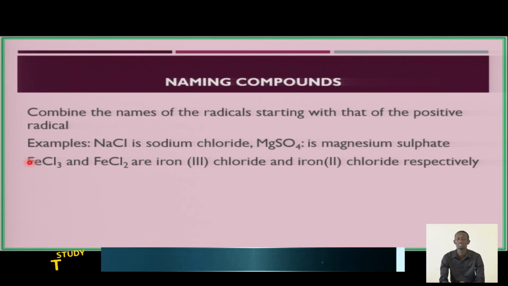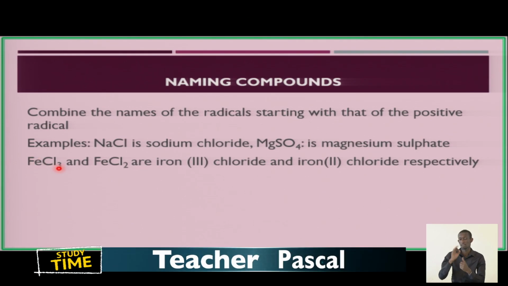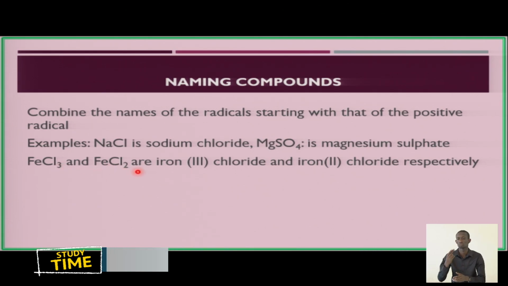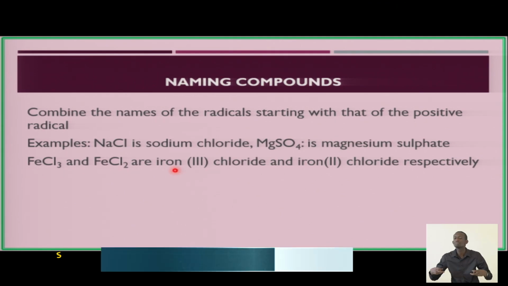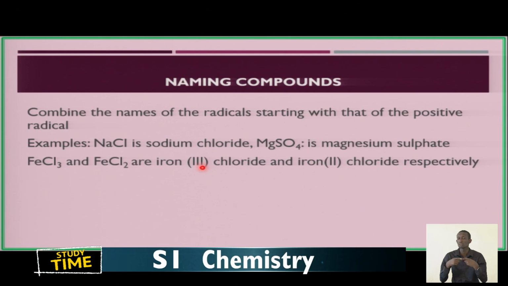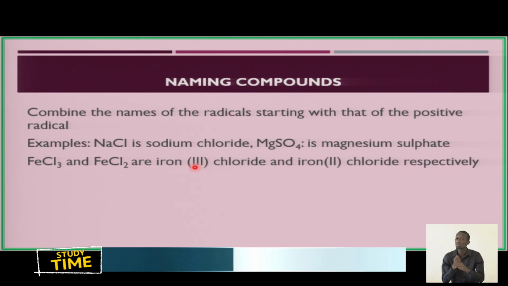And we have FeCl3 and FeCl2, which will be named as iron 3 chloride. And here you have to be very careful because the ions we have are from the same element, but they have different valences. So we should do what? We should indicate the valences.